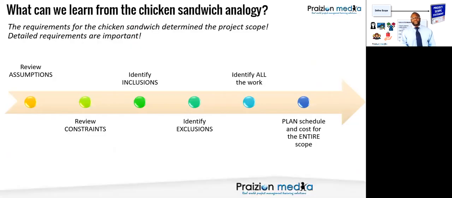So what can we learn from the chicken sandwich analogy? One, review assumptions. Make sure you've got the assumptions right. Make sure you've reviewed the constraints. Identify inclusions, identify all the work that needs to be done, and that is going to help you when you plan, schedule, and cost, okay?